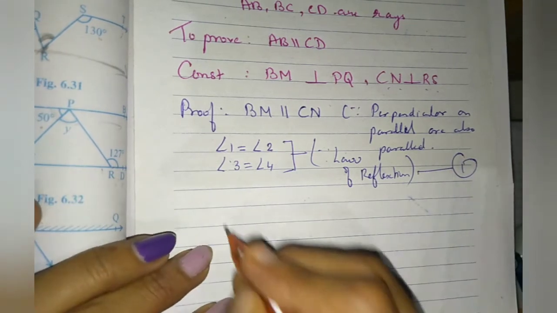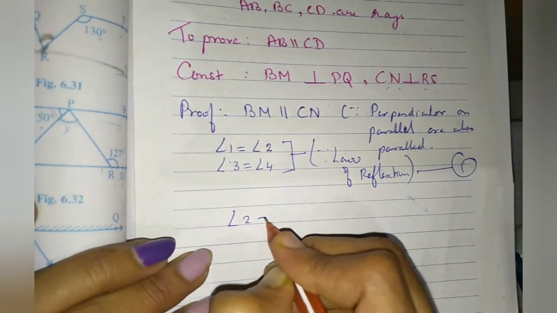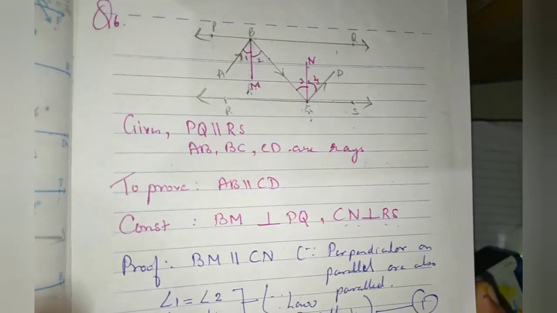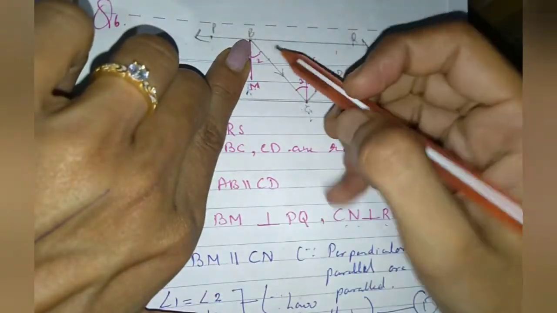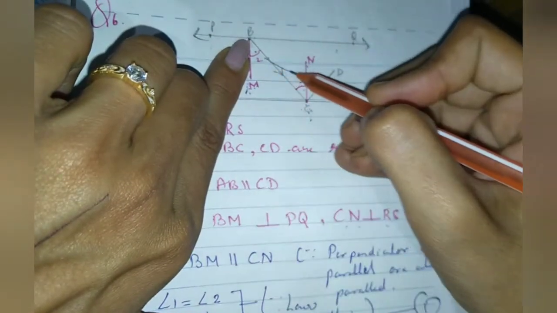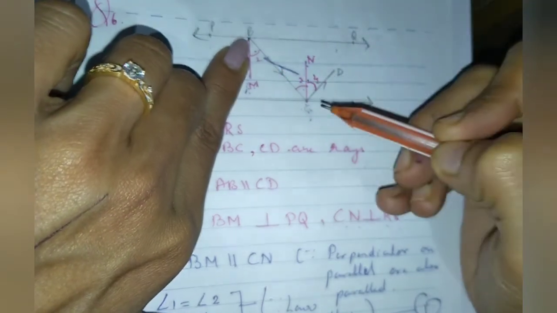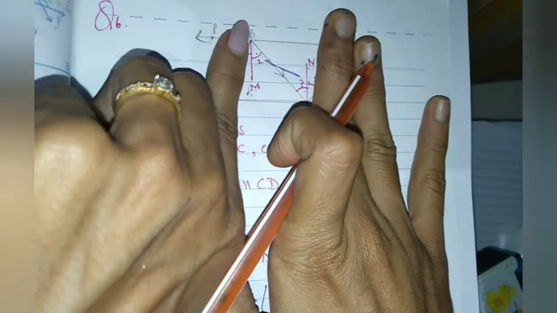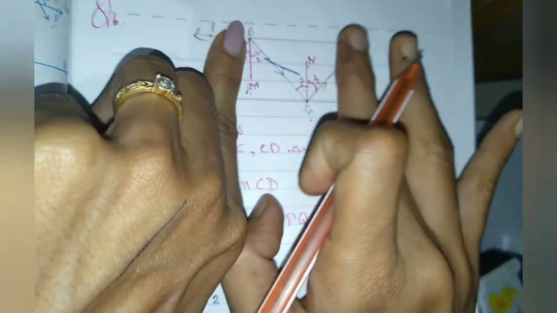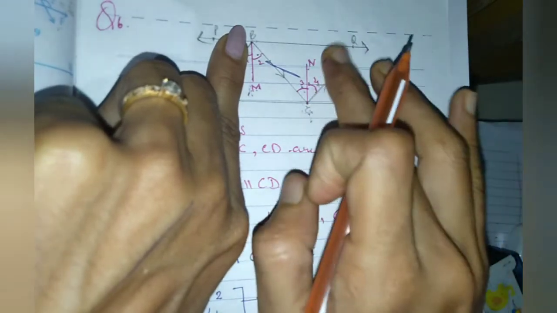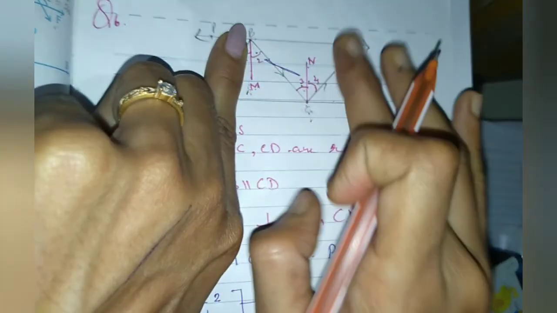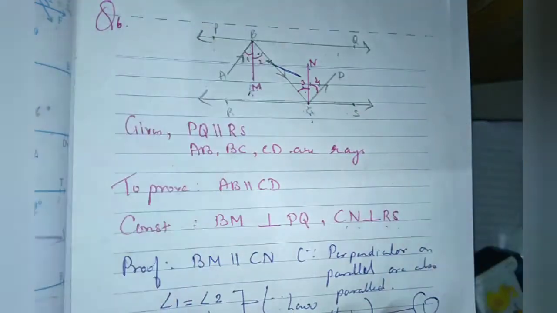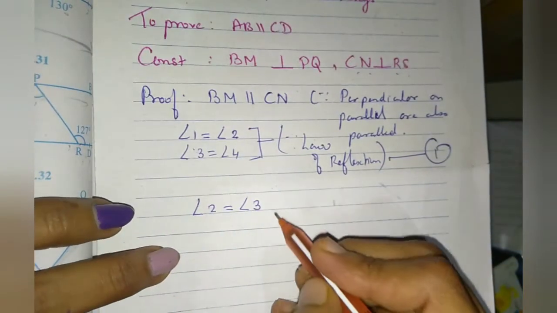Now angle 2 is equal to angle 3. If BM and CN are parallel, then 2 and 3 are alternate interior angles, so 2 is equal to 3.